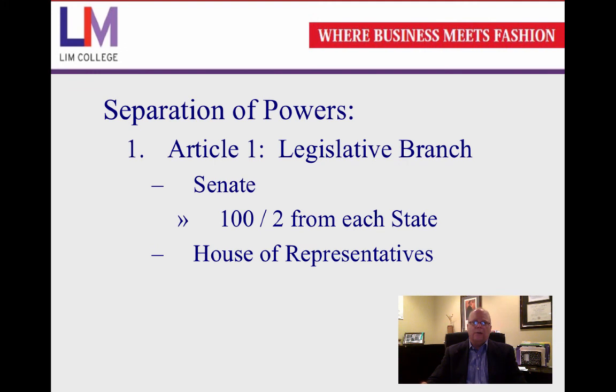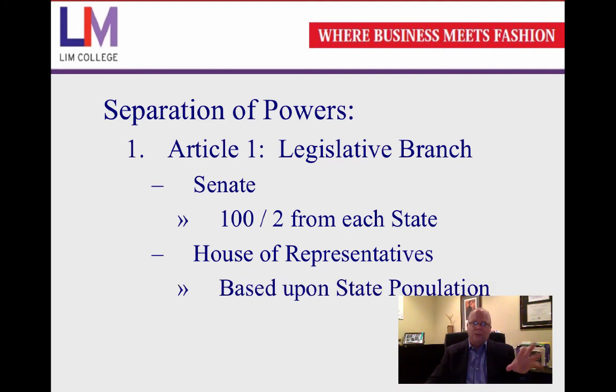The second house of Congress, of the legislative branch, is known as the House of Representatives. Now, there are a certain number of House representatives, but it's based upon state population. So if a state loses some population, they lose House members. If a state gains in population, they gain House members.